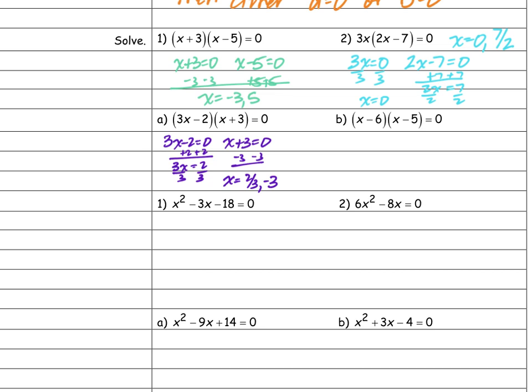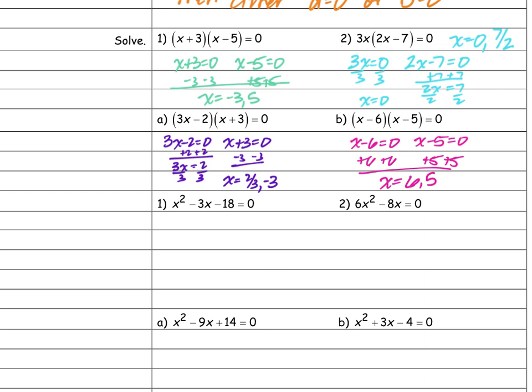Okay? And then for b, x minus 6 equals 0, and x minus 5 equals 0. Add 6, add 5. x equals 6 and 5. And I don't think anybody missed those at all. That was really good. Good job.